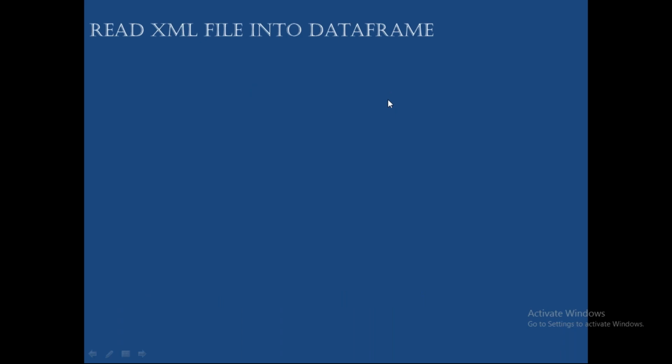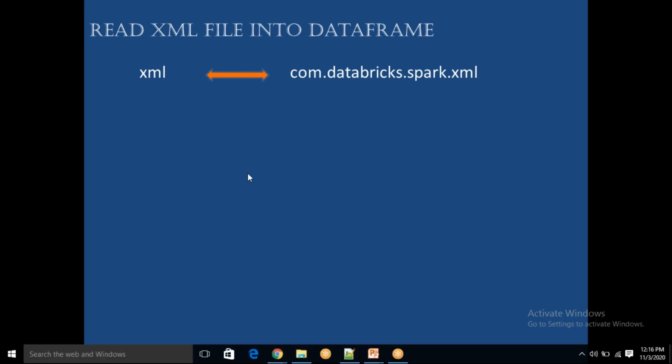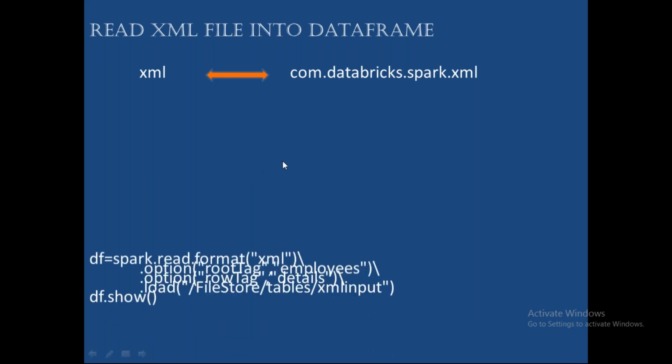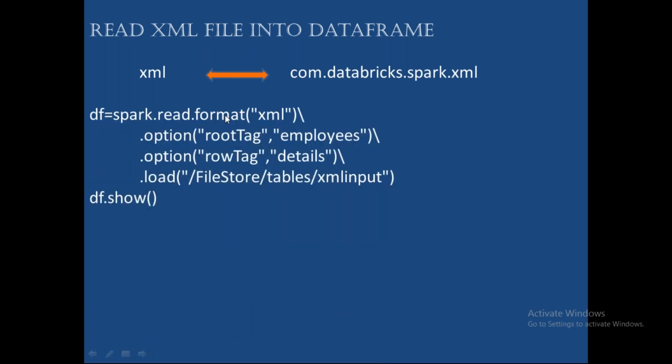Fine. Now reading XML file into DataFrame. I want to read an XML file into a DataFrame. How can you read? When you are reading an XML file into a DataFrame, we need to specify the format. That format you can specify as xml or com.databricks.spark.xml. So I will show you. See the syntax, you can use something like that: spark.read.format.